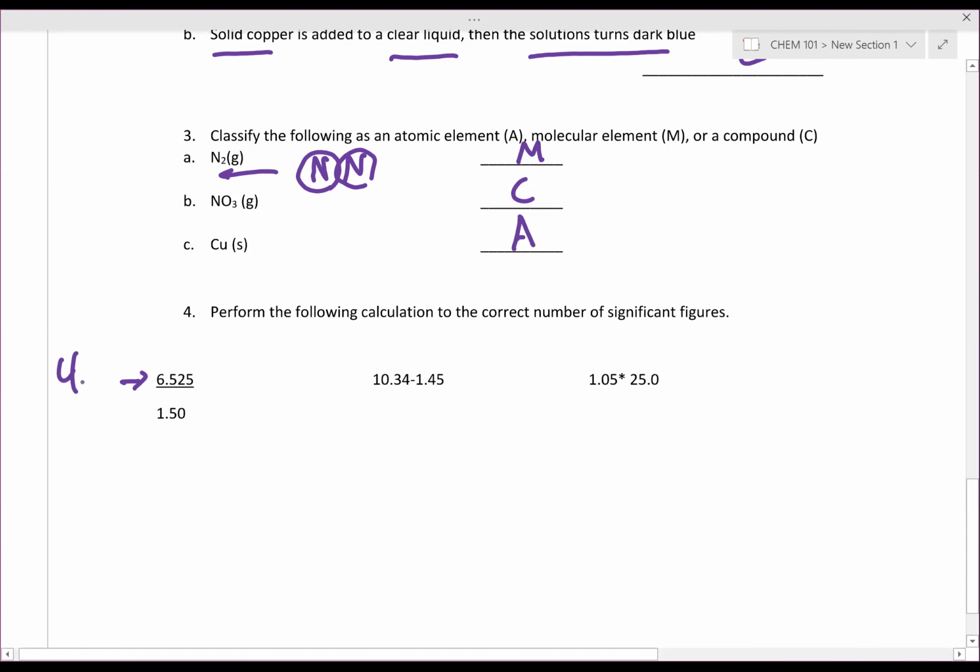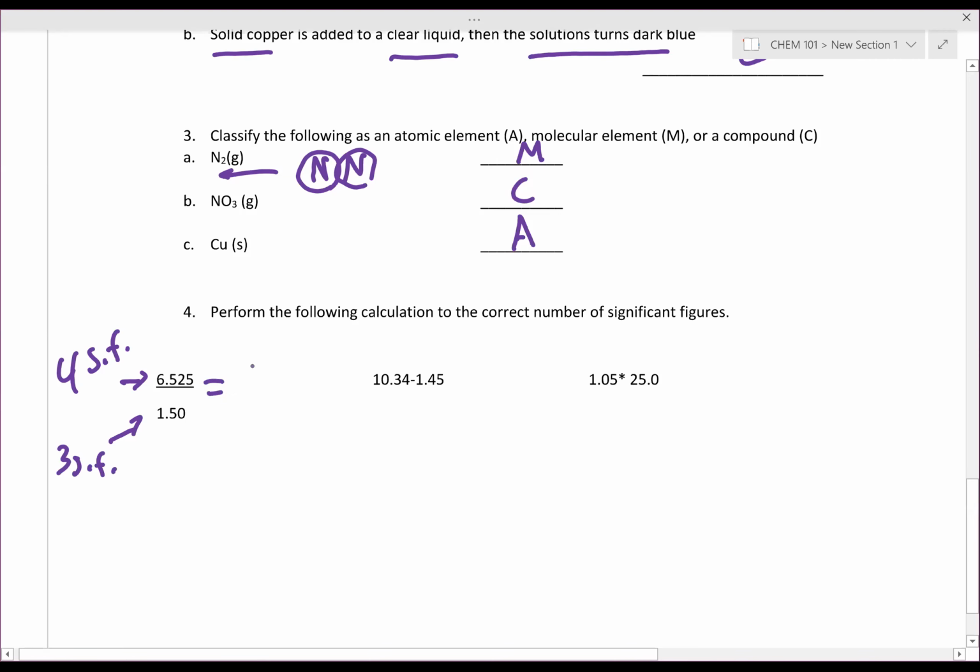Yep, we have 4 sig figs to work with. Now this bottom number of 1.50 has how many significant figures? 3. Yep. So how many significant figures should we report in our final answer? In multiplication and division, we report the least number of sig figs, which is 3.